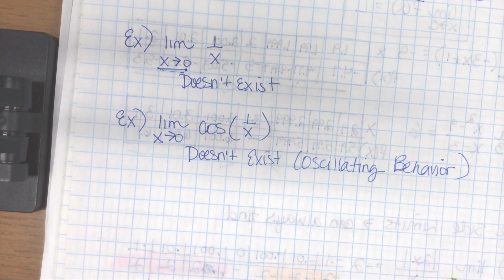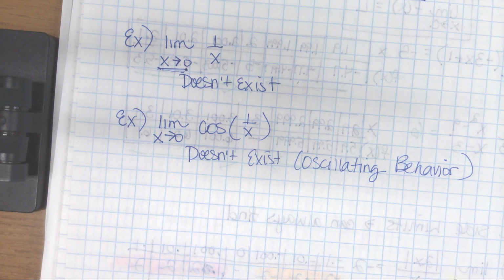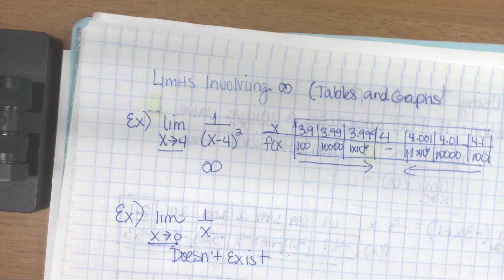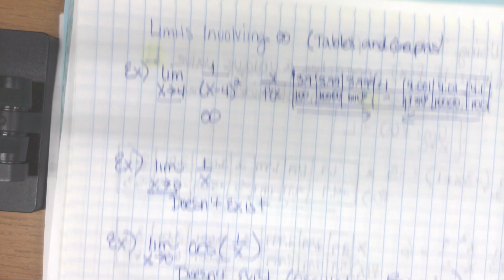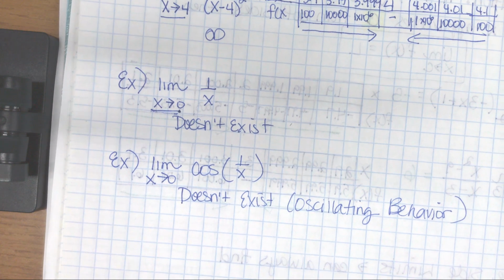Let's shift gears and do limits as x approaches infinity or negative infinity. These are all x approaching some value where there's some kind of asymptote or undefined value. The other way we can look at limits is as x gets really big, what does the function approach?